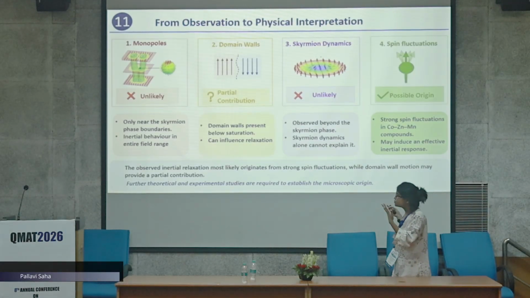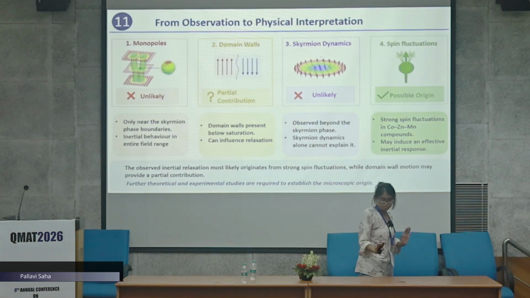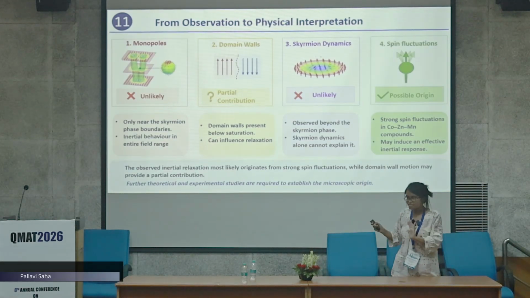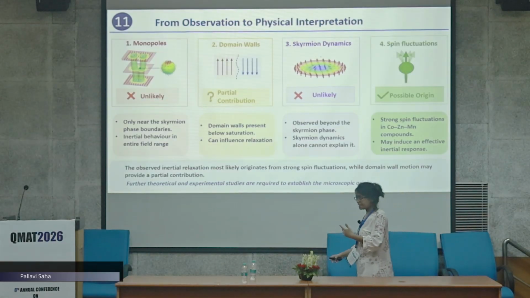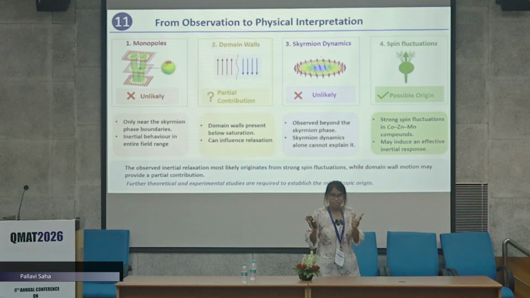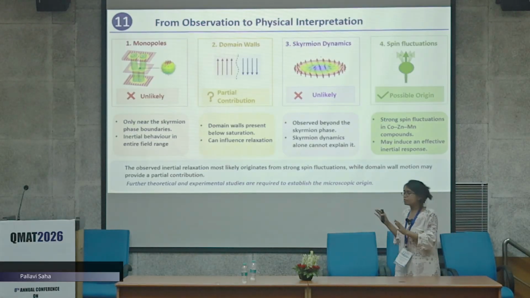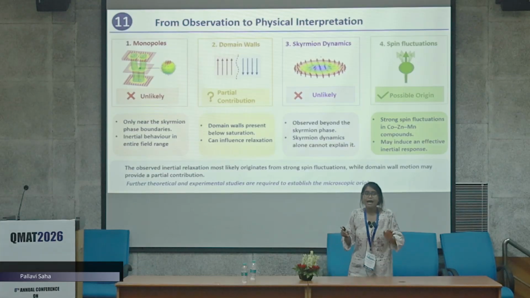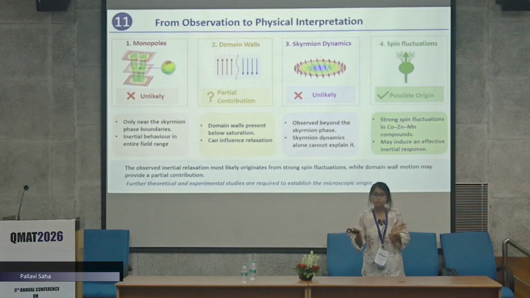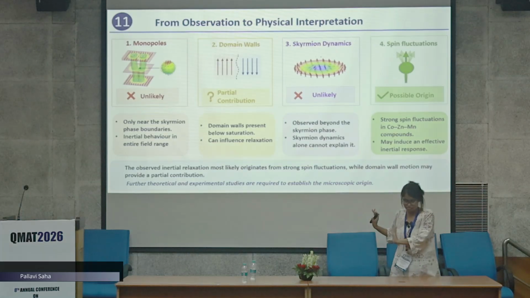So the most possible reason for now, we can say, is spin fluctuations, because there are reports that this system hosts very fast spin fluctuations. Spin fluctuations can change the dynamics of the system and alter the magnetic response to give this effect, but this is also only a possible reason.